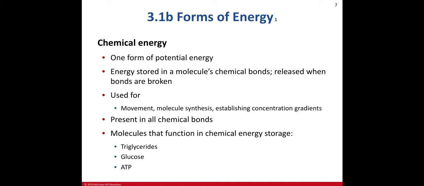Chemical energy is present in all chemical bonds. We, of course, talk a lot about it with our ATP, but we can find it in triglycerides, so fats, and glucose, sugar. We're storing the energy in the bonds. And then as we grow those triglyceride fatty acid chains, or we grow glucose chains, if we break them apart, we release energy.